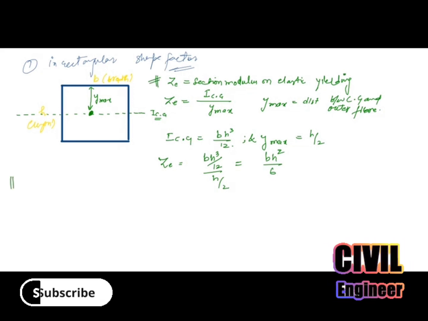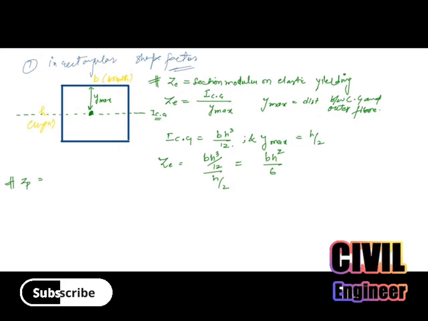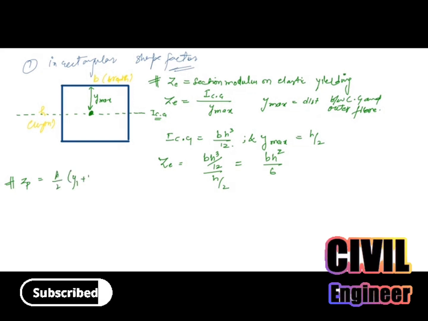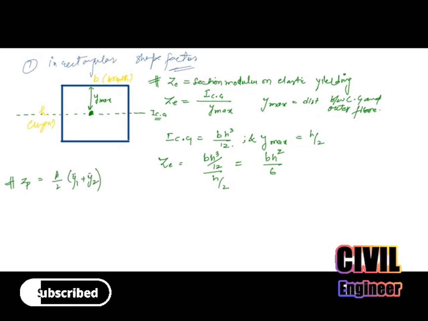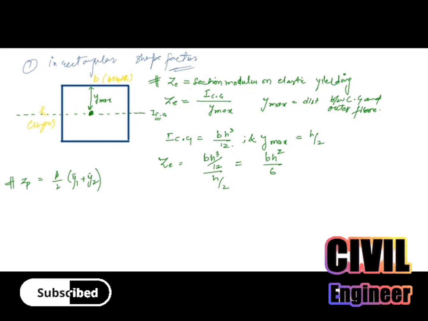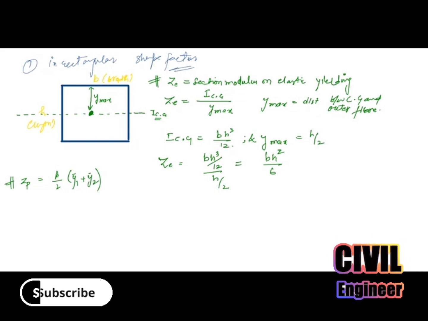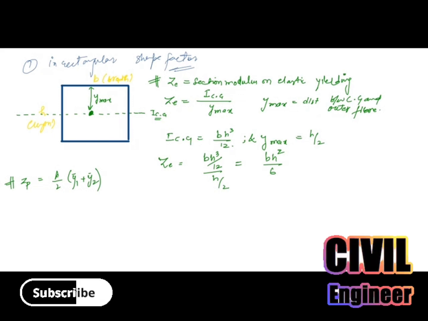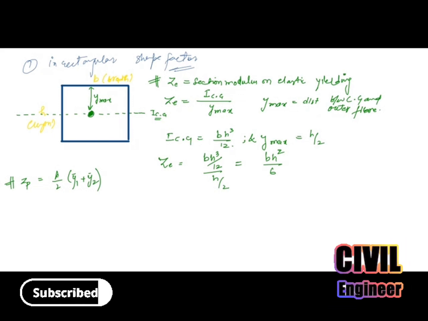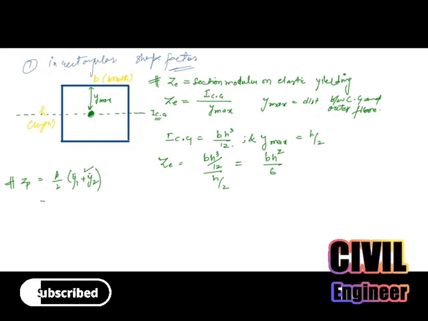Now we'll find ZP. ZP is found using this relation. So this is ZP. Now what will be the area?